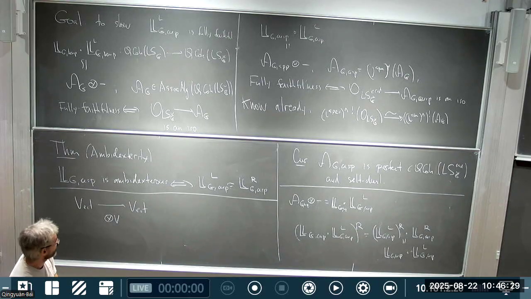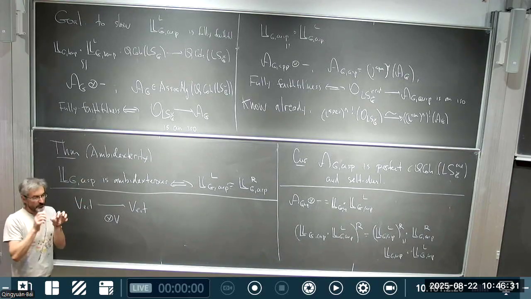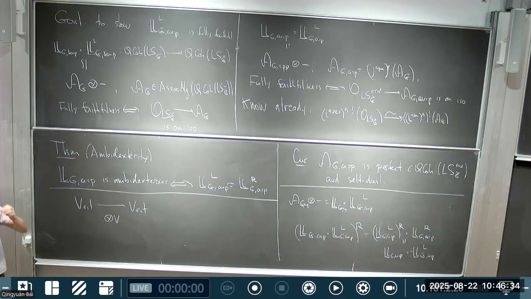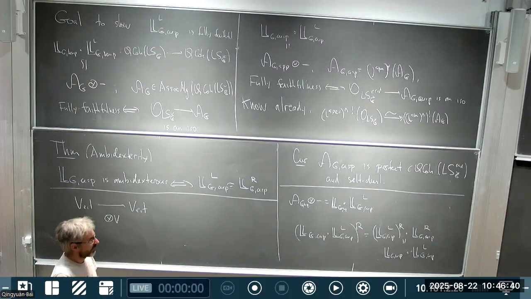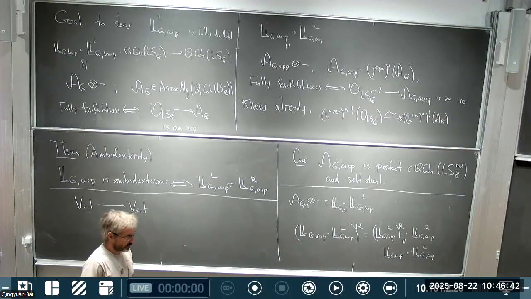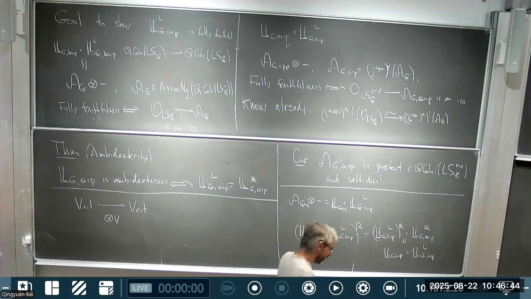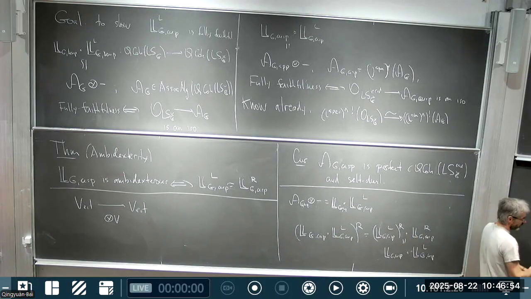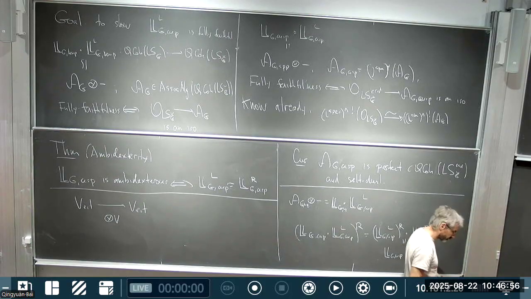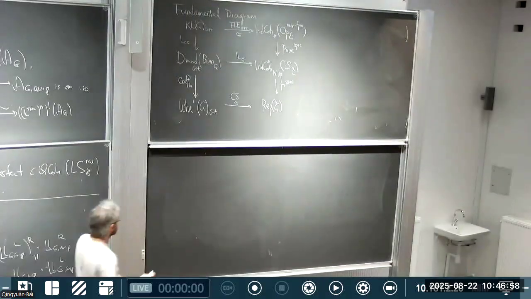Okay, so now I'm launching the proof of this ambidexterity, and there will be two parts. I'll do part one, and Lynn will do part two. So now comes the topic that we should have discussed maybe from the beginning. It's a general topic about duality of DG categories. We mentioned it in passing many times, but never said what it is. If you have a DG category, you always think about compactly generated categories.